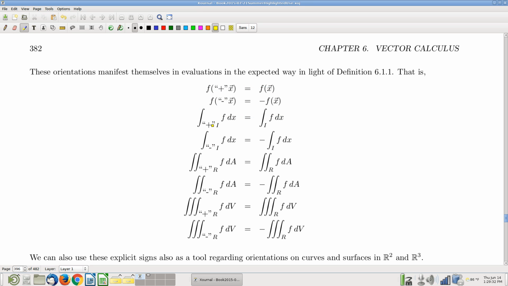Likewise, an interval in a single variable calculus integral. Well, a negatively oriented interval just means you get a minus sign. By the way, here's one that I suppose you could think of geometrically. A negatively oriented interval, instead of going from A to B, you can think of it as going the other way from B to A, whatever that means. Notice you would still get a minus sign.